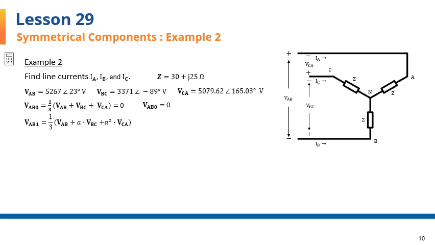VAB1 is found next. This is the expression for it. As a reminder, a is 1 at 120 degrees and a squared is 1 at negative 120 degrees, which means that multiplying any phasor by a will add 120 degrees to its phase angle, and multiplying any phasor by a squared will subtract 120 degrees from its phase angle.